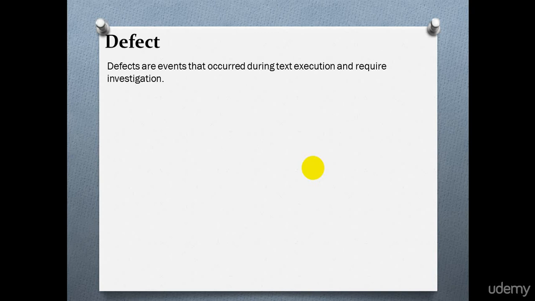We need to analyze the defects to get the details or the root cause of the defect and report additional information about the defect. This information will help in finding the solution to fix the problem easily.